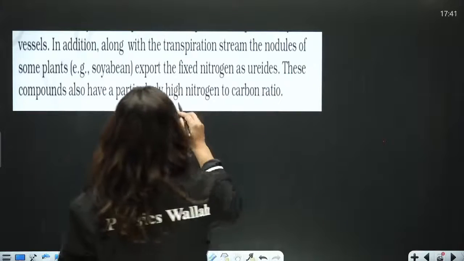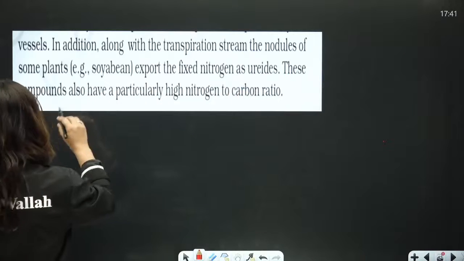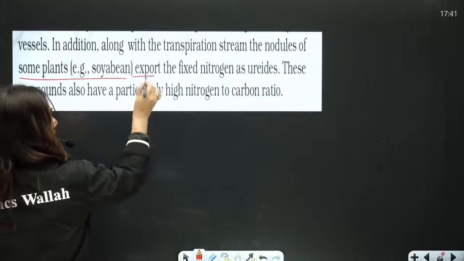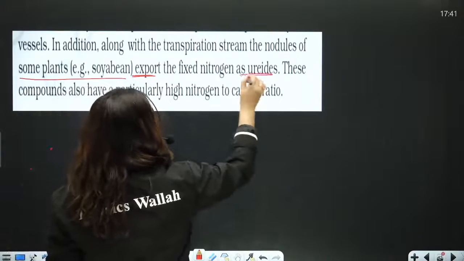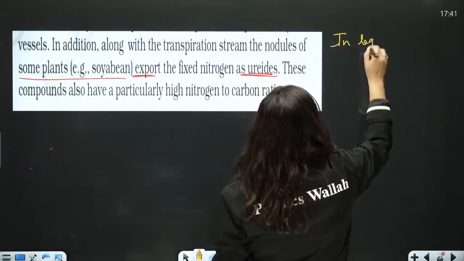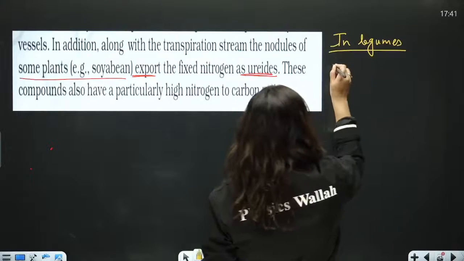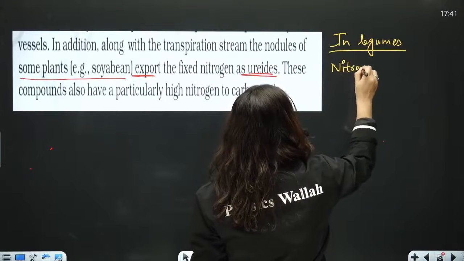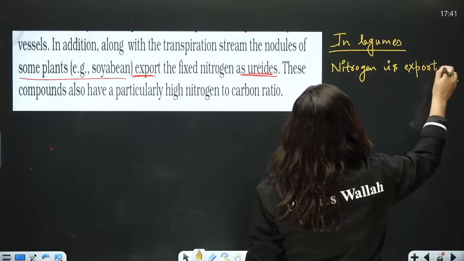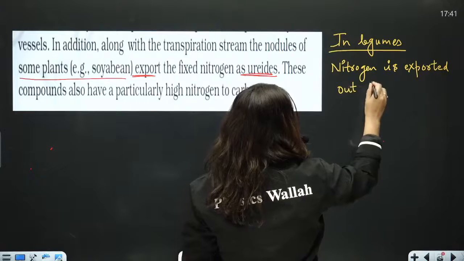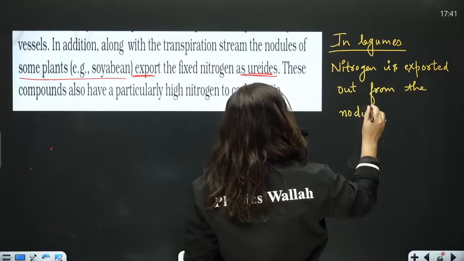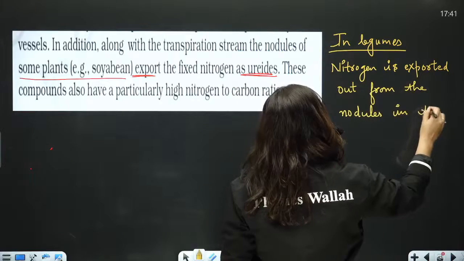So see what is written over here, that in plants like soybean, the nitrogen is exported in the form of urides. So you can say that in leguminous plants, in legumes, nitrogen is exported out from the nodules in the form of urides.